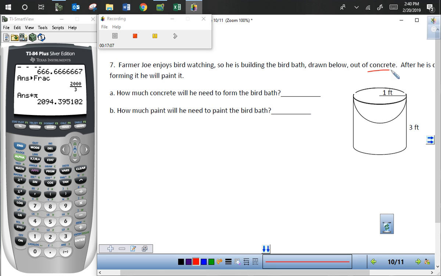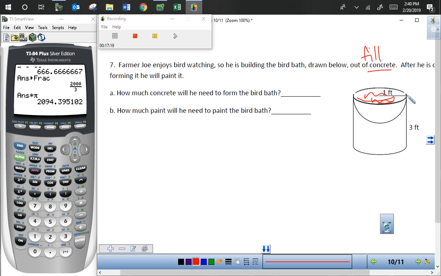Well, when we're talking about concrete, that's something that's filling the shape, so it's on the inside. And with a bird bath, this hemisphere here is the bowl that the bird is bathing in. That's where the water goes. So that bowl is actually empty.